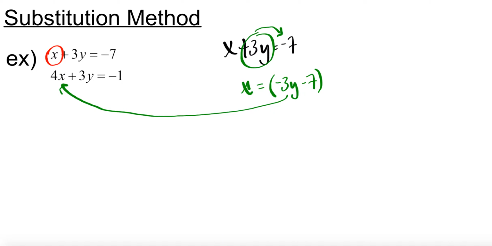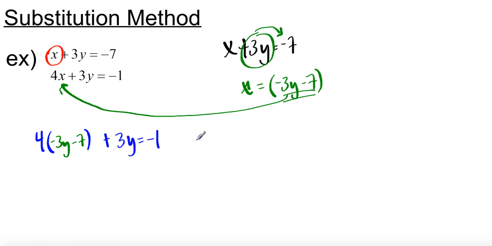Hence the name substitution method. So in my second equation, we're going to remove the x. This now becomes 4 times something plus 3y is equal to negative 1. Again, we took out the x, and now we're going to substitute in what x is equal to, and that's negative 3y minus 7.